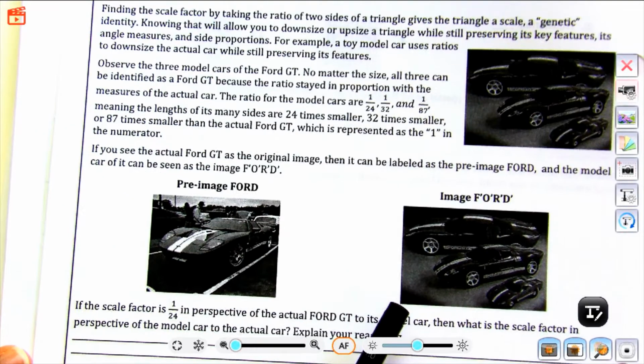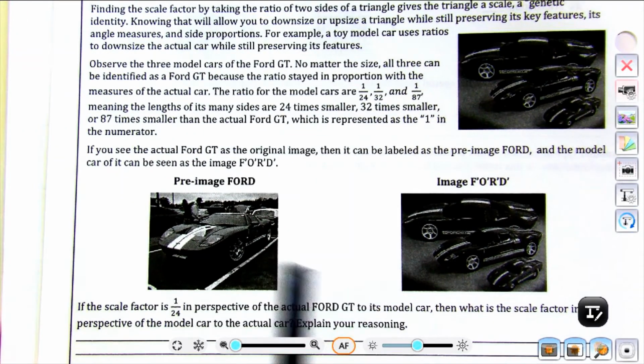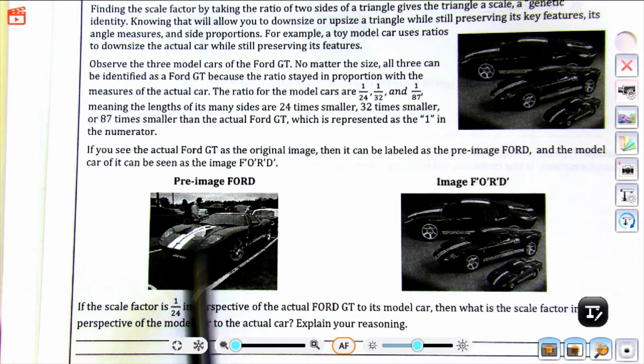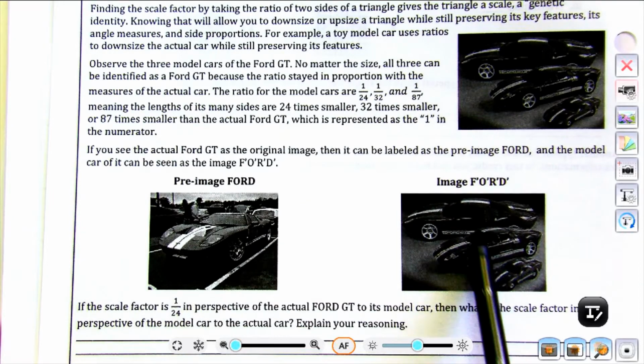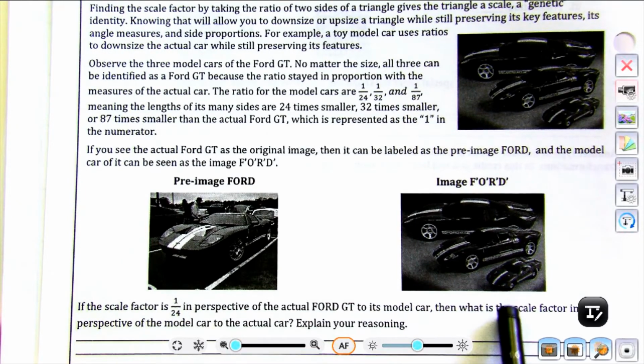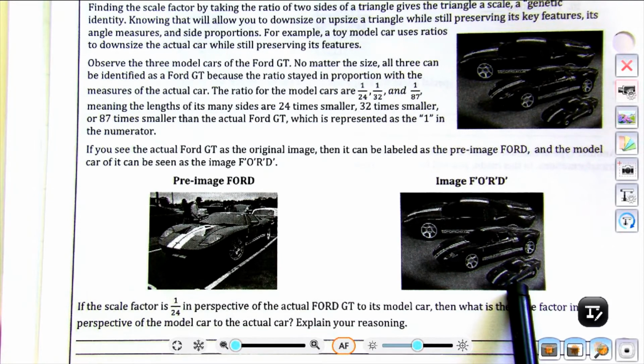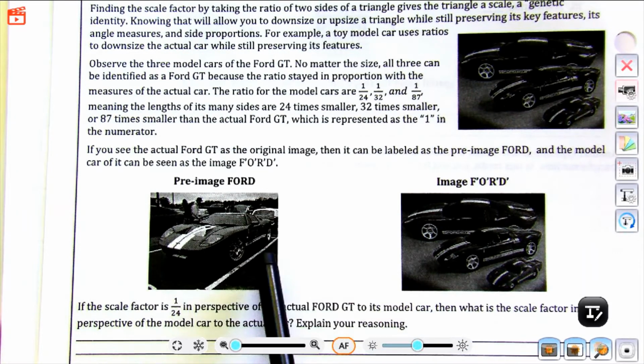In the example they have right here, you have an actual car, a Ford, and then you have models of the Ford. Notice that you have 3 different types of models, but all of these models resemble the actual dimensions of the actual car.